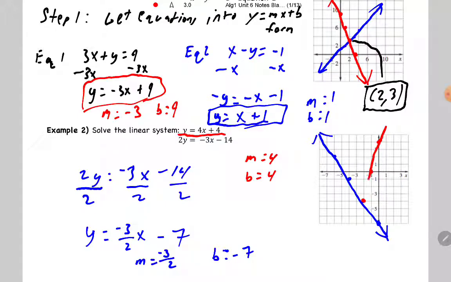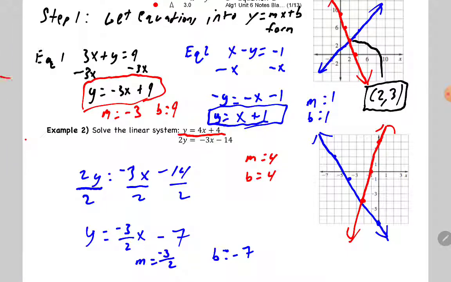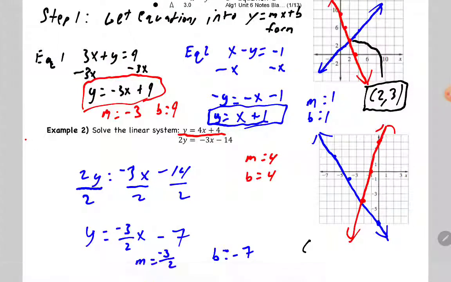And then you just see where it intersected. And that point is this one right here, which is negative 2, negative 4.